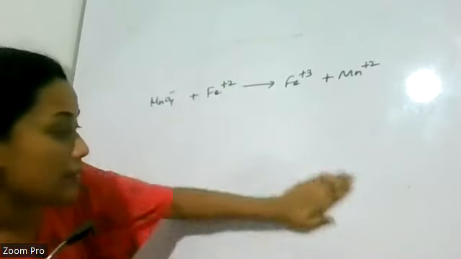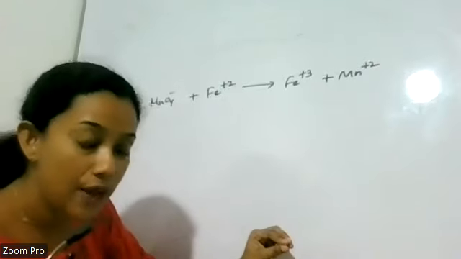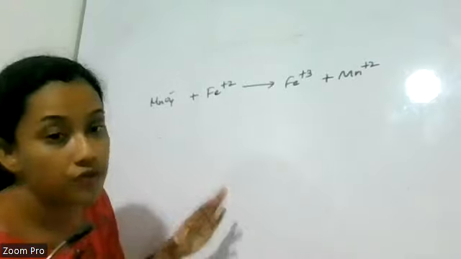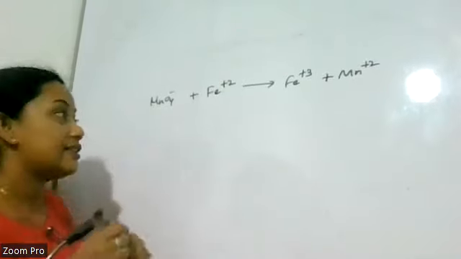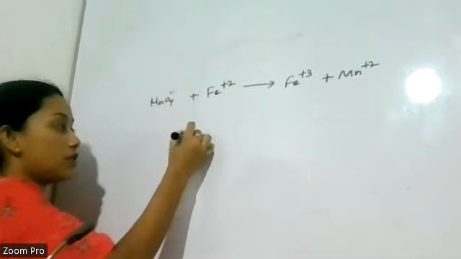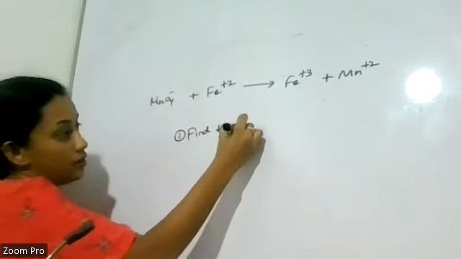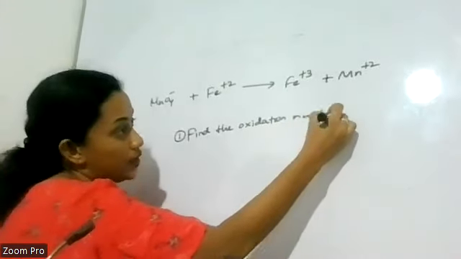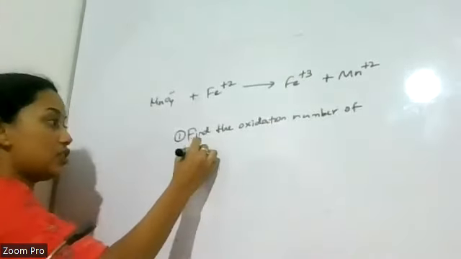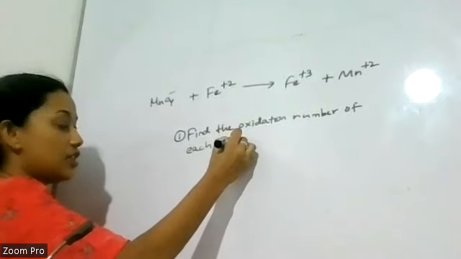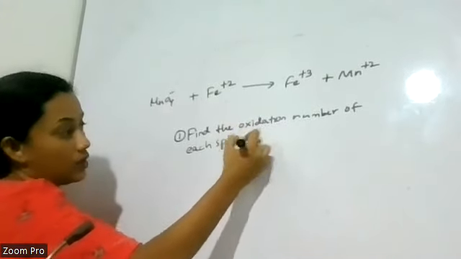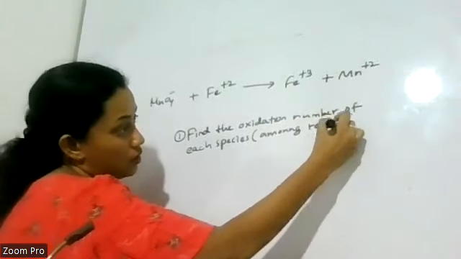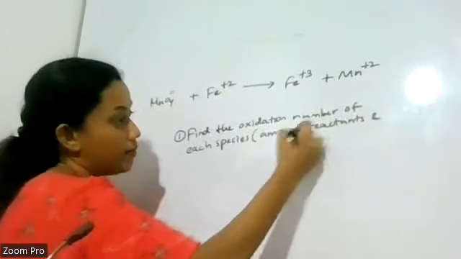Very easy. First of all, we have to find the oxidation number of each species among reactants and products.